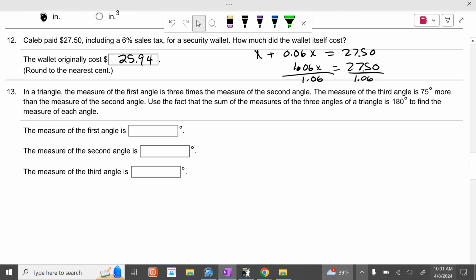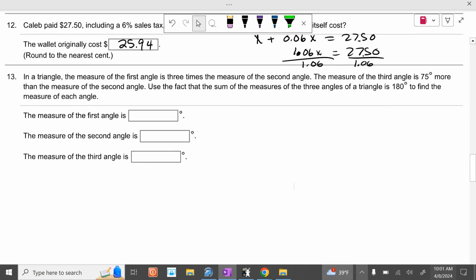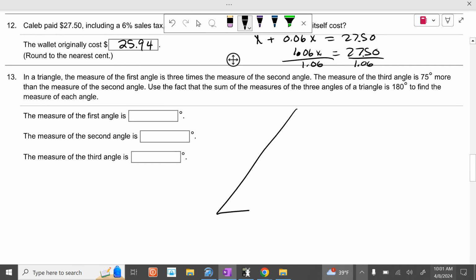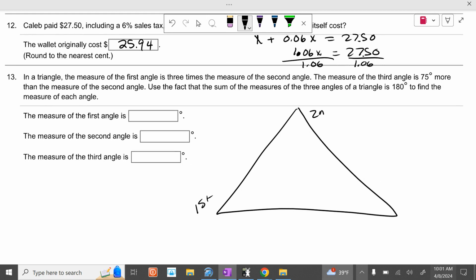All right. And finally, a triangle. We have a first angle, a second angle, and a third angle. The first angle is 3 times the measure of the second angle. The third angle is 75 more than the second angle. They talk about the first and the third in terms of the second angle.